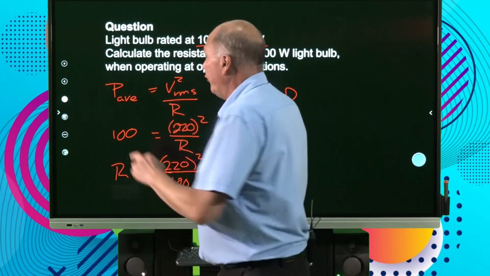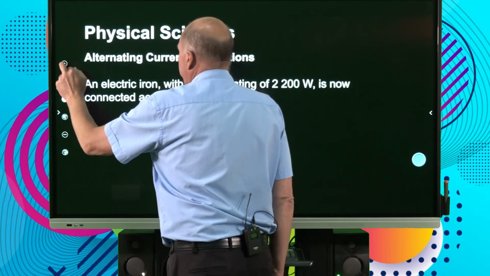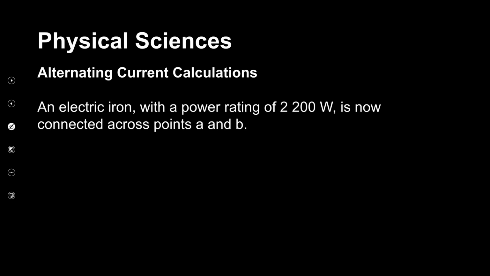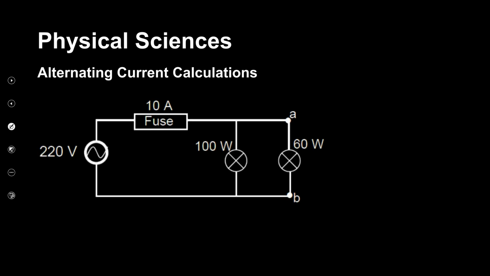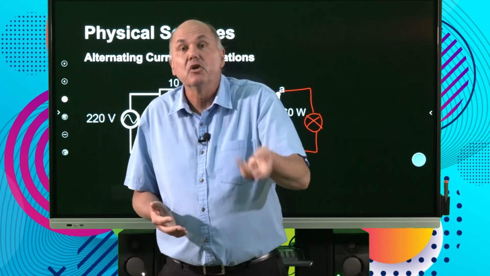Now, there's one further part of this question, and then we're going to wrap it up. We recognize that this additional appliance is connected across there. So there's another device, a big resistor. You can call it a big light bulb. What's going to happen? I want you to see that if you connect something across it, it's going to draw more current.